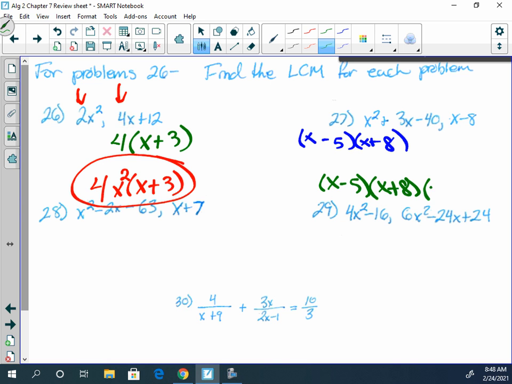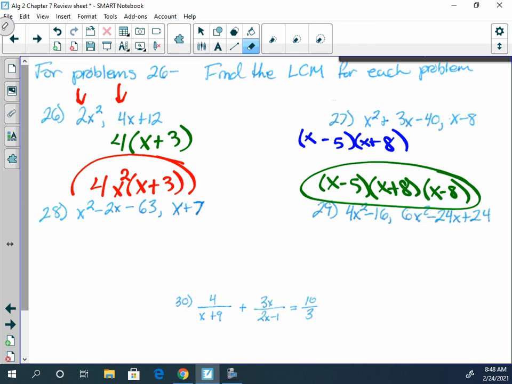Yep, x minus 8. For these to be the same, we just needed all 3. Because when we get sets of parentheses, it's just taking each one, and if one of them has multiples, okay, I'm going to need it more than once.